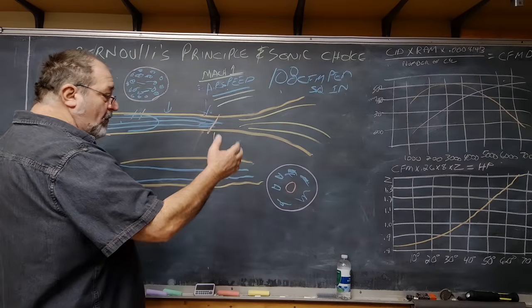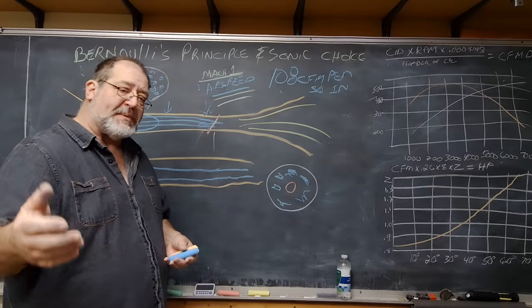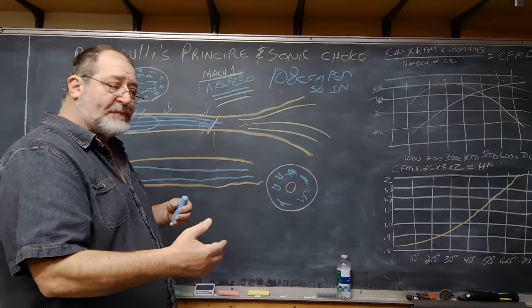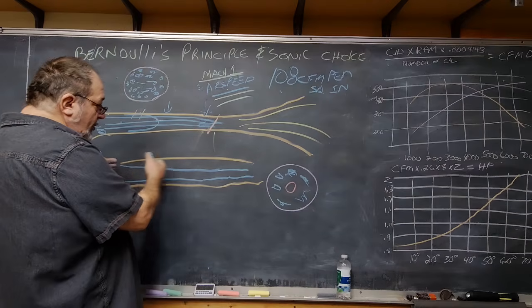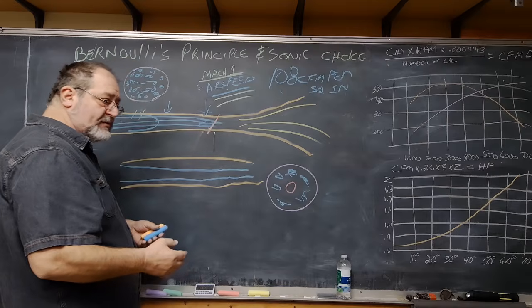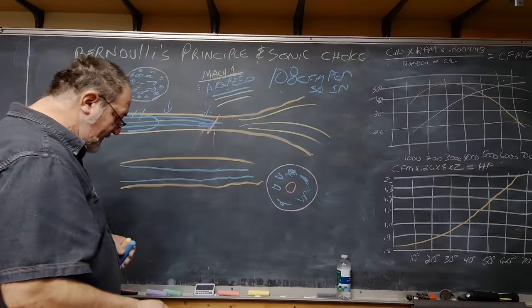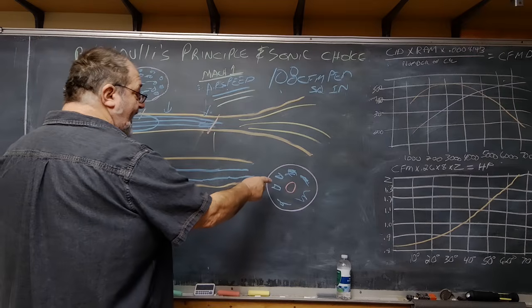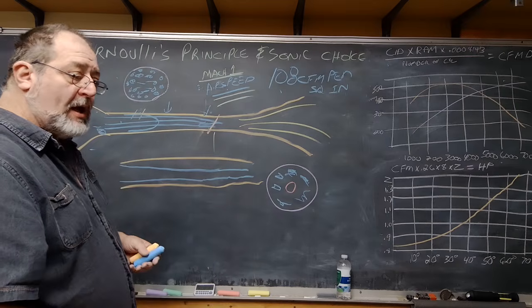And that's why in a long length of pipe, even if you're moving water, you have a loss of pressure because it's having to force more through a restriction. It's using up the energy, okay? So you have to pay attention to that. And that's called sonic choke.